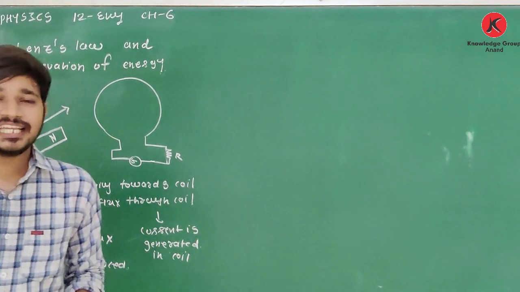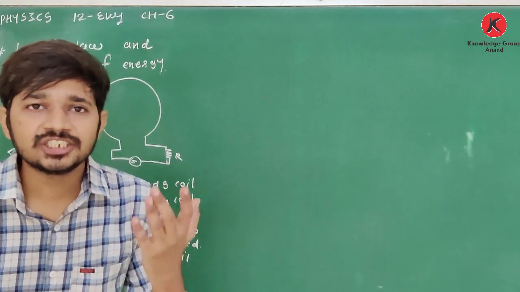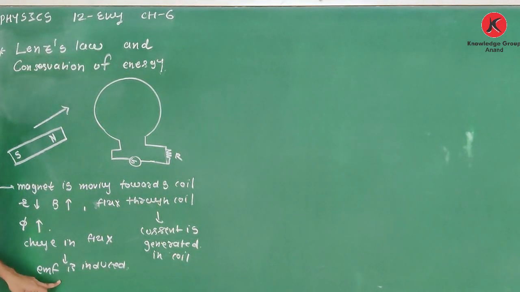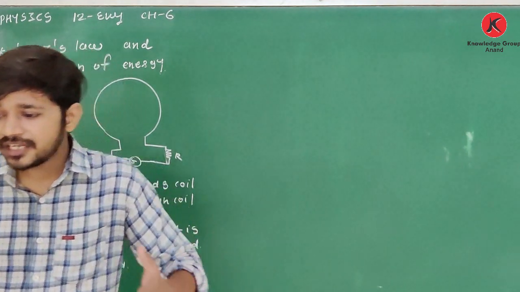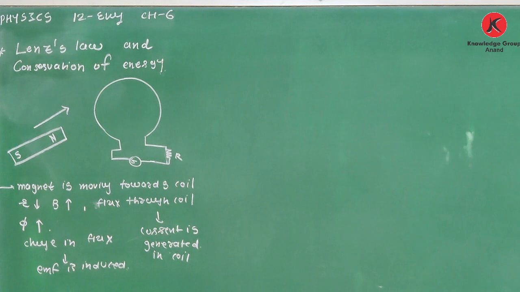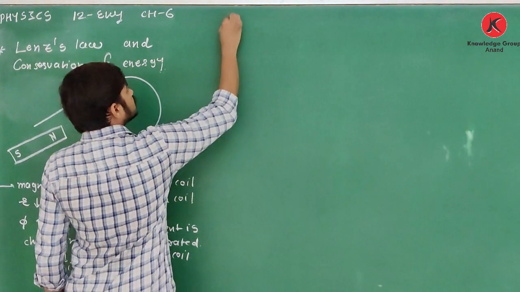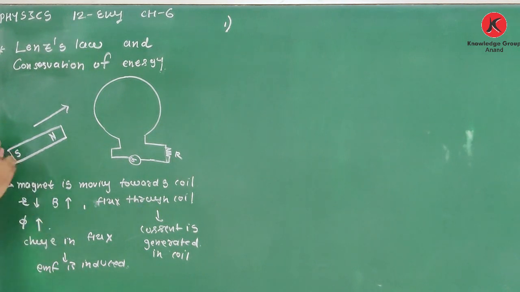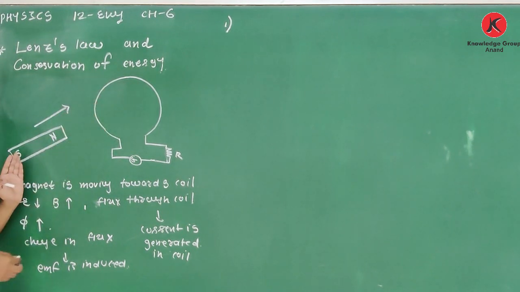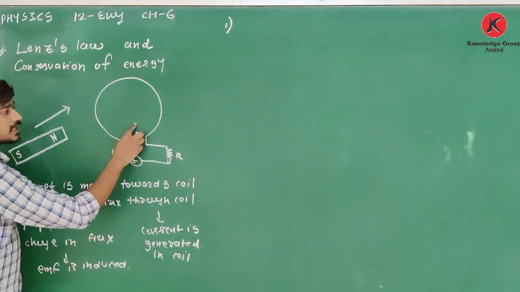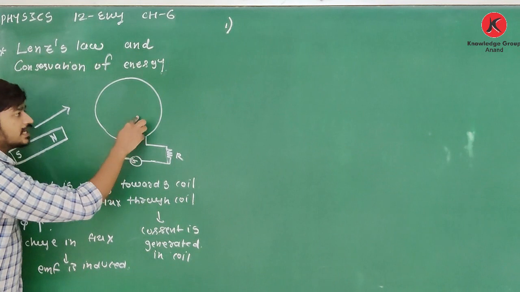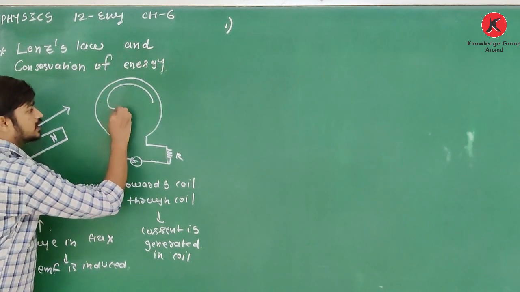Now the question is, in which direction is current generated? How is EMF induced so that it produces current in which direction? Here, as a first alternative, I am assuming that when I observe the coil from this point, in this direction of motion, the current flowing in this coil is in the clockwise direction, like this.